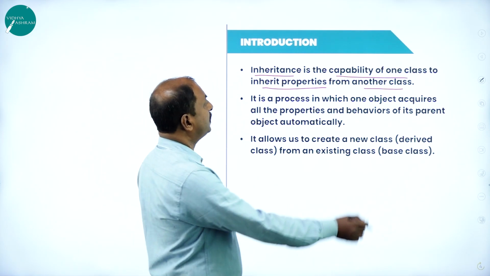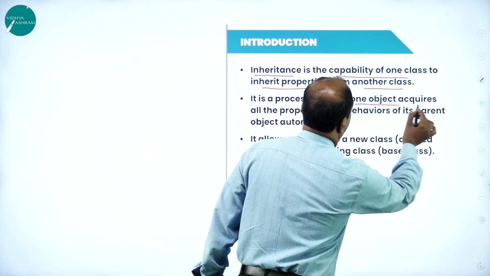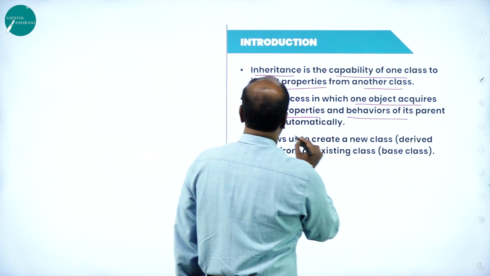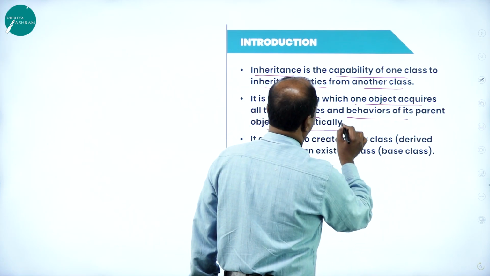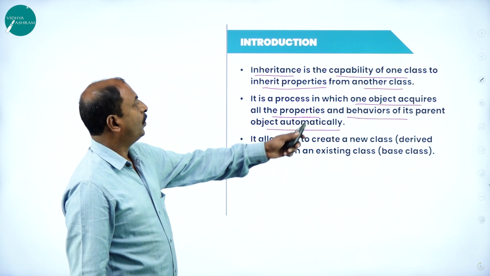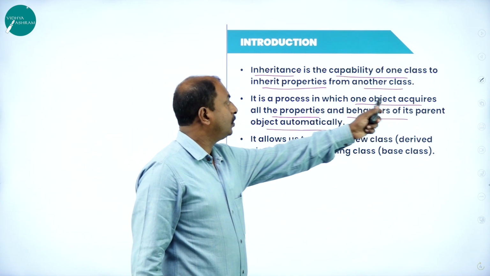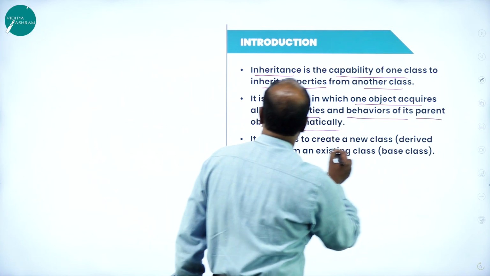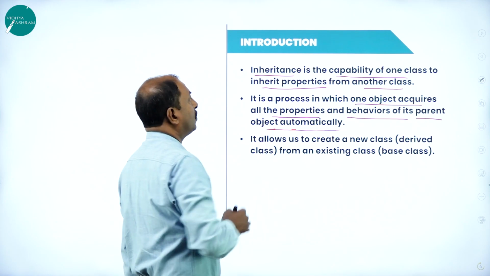It is a process in which one object acquires all the properties and behaviors of its parent object automatically. So here the concept is that one object acquires all the properties from its parent class or parent object. It is called inheritance.